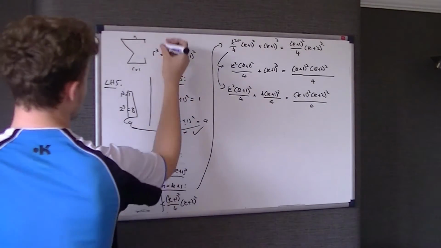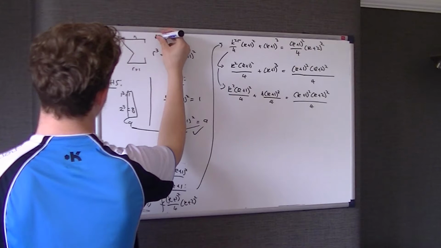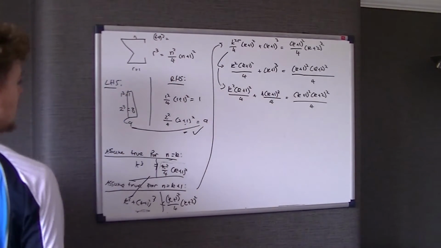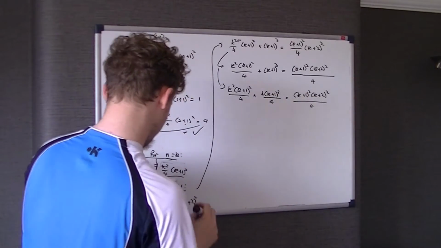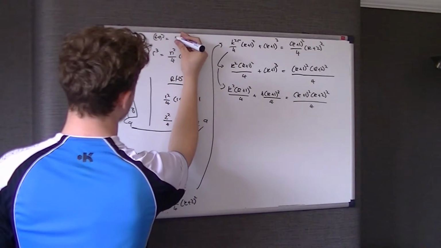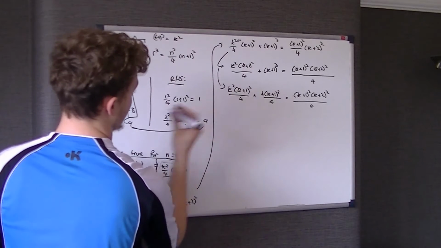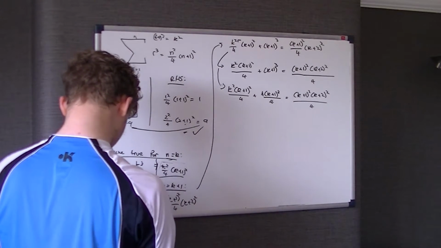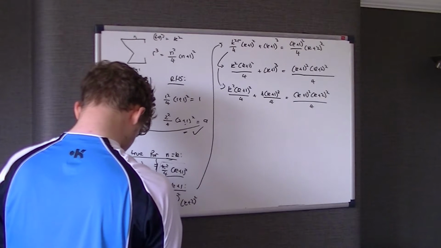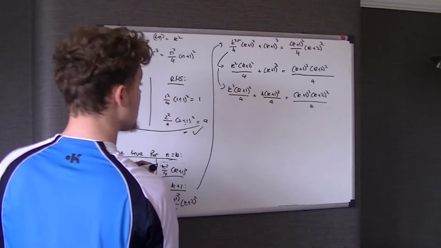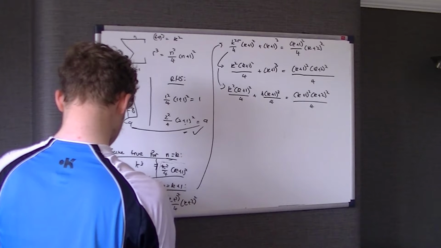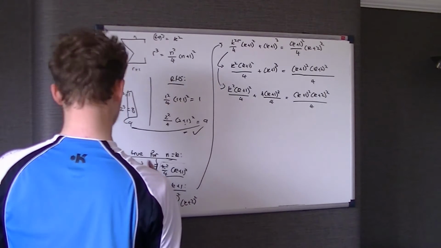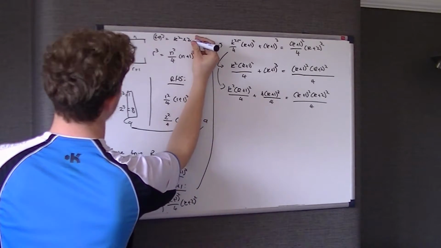So remember the (k+1) all squared, you get k squared plus 2k... is that right? Yeah. Sorry, sometimes I just doubt myself just because I can. Yeah, k squared plus 2k plus 1.